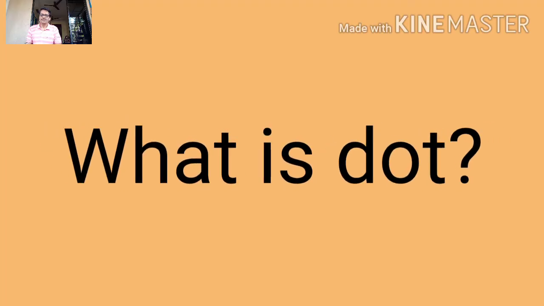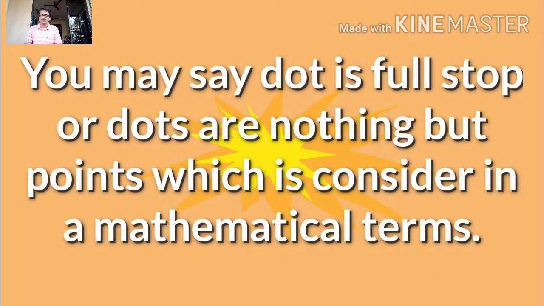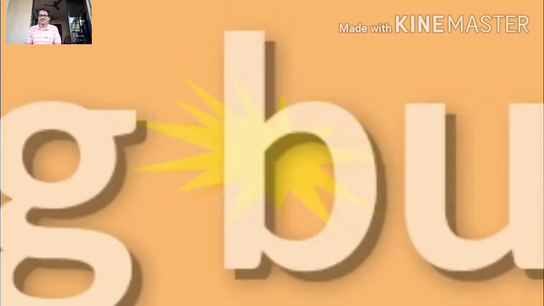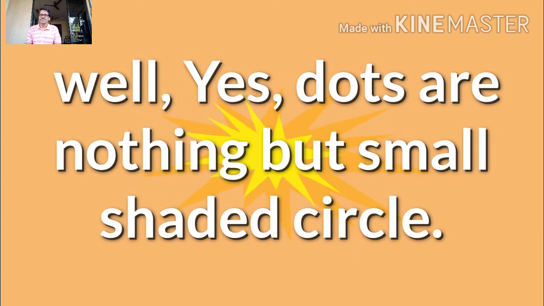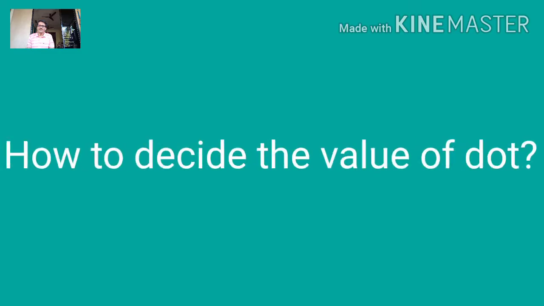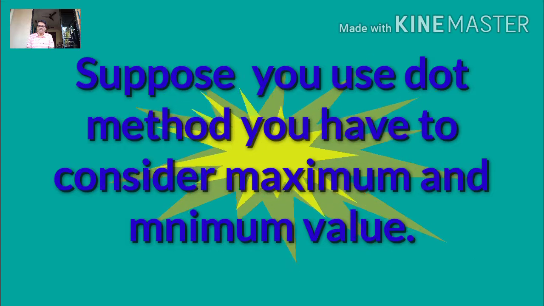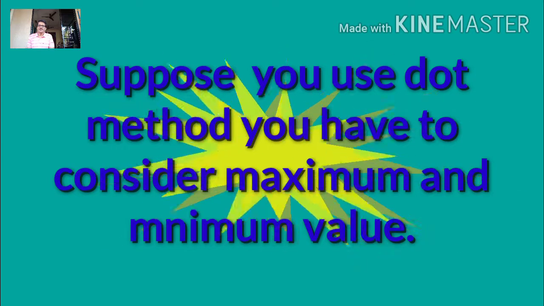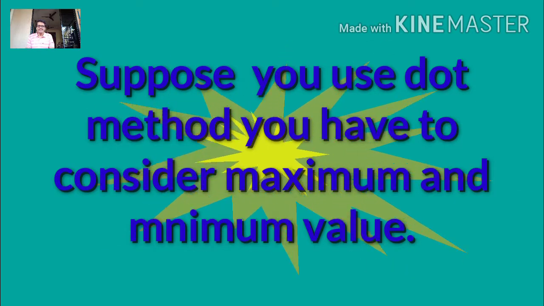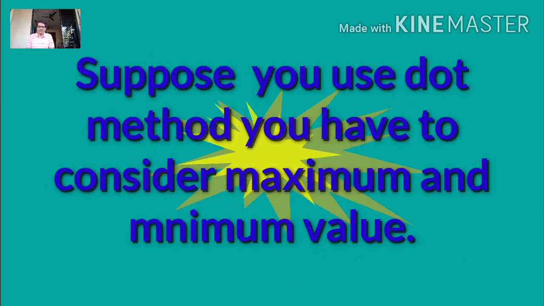Now what is a dot? You may say a dot is a full stop, or dots are nothing but points, which is considered in mathematical terms, whereas dots are nothing but small shaded circles. Now how to decide the value of a dot? Suppose you use the dot method, you have to consider the maximum and minimum value.